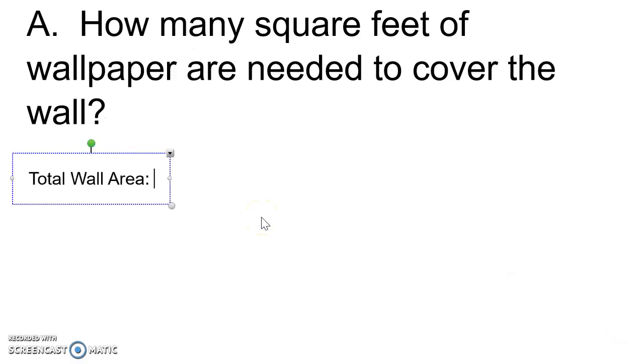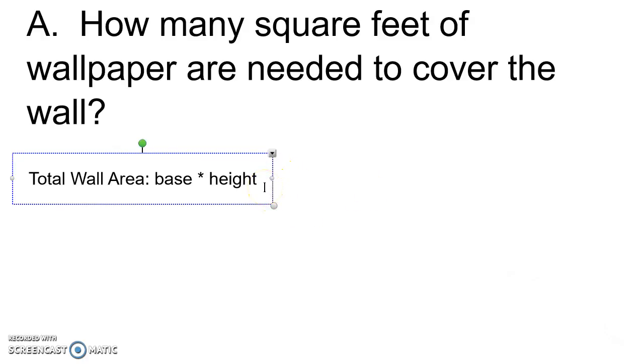So I'm going to start with my total wall area. Now that we have explored parallelograms and special quadrilaterals, rectangles, we know the area for a rectangle is base times height. I'm going to use this little star as my times. Base times height.